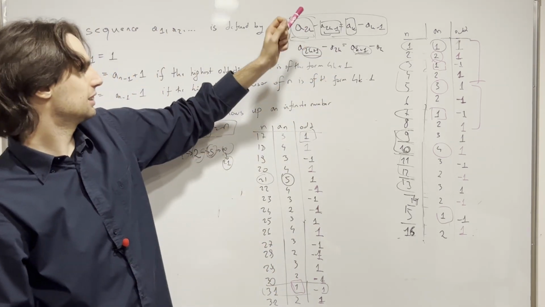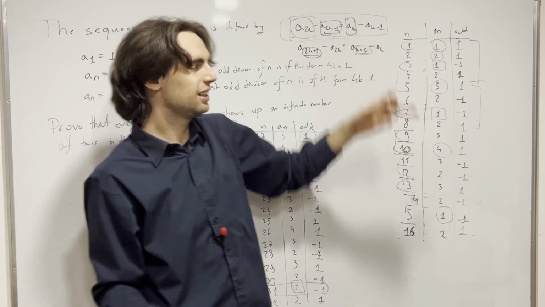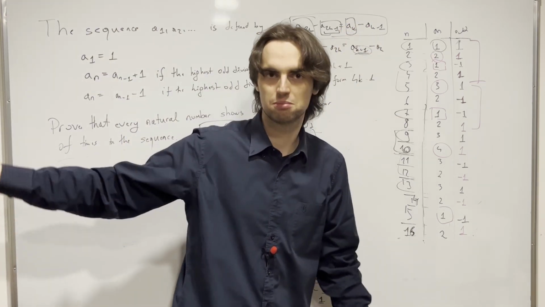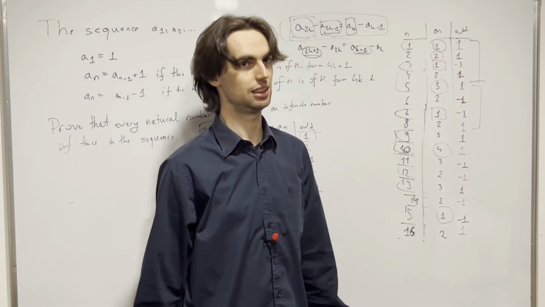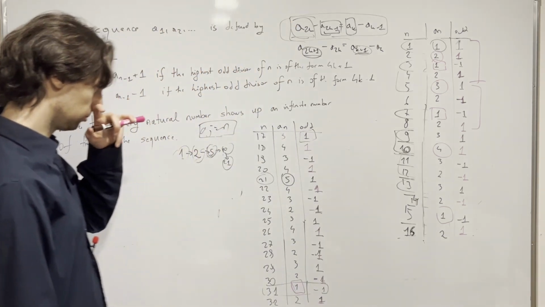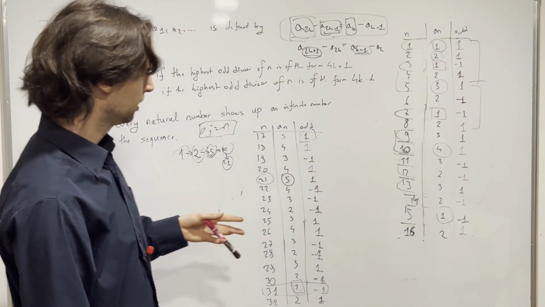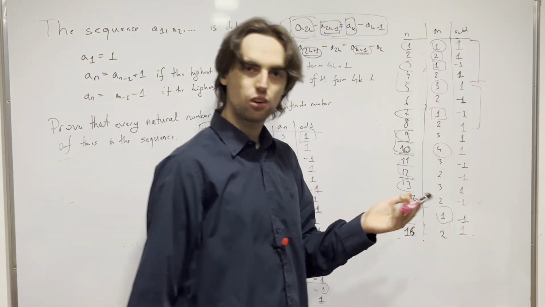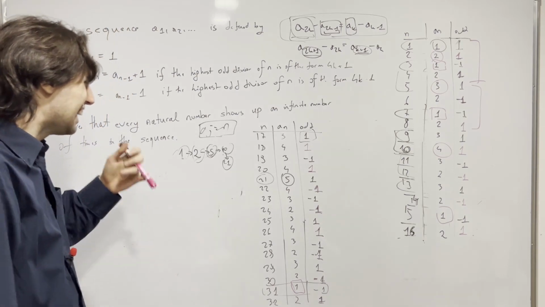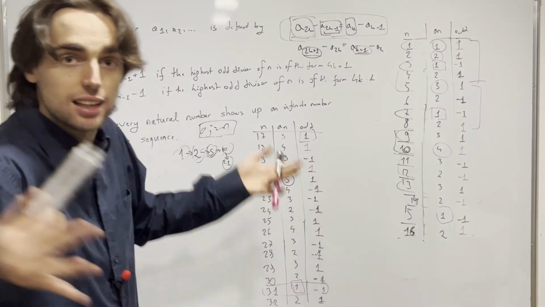And it's also trivial because it says that a2k and ak have the same highest odd divisor. That's kind of self-evident here. So with that in mind, the question is now, how are we going to prove that ones show up infinitely many times? And the idea is maybe, let's use induction here.